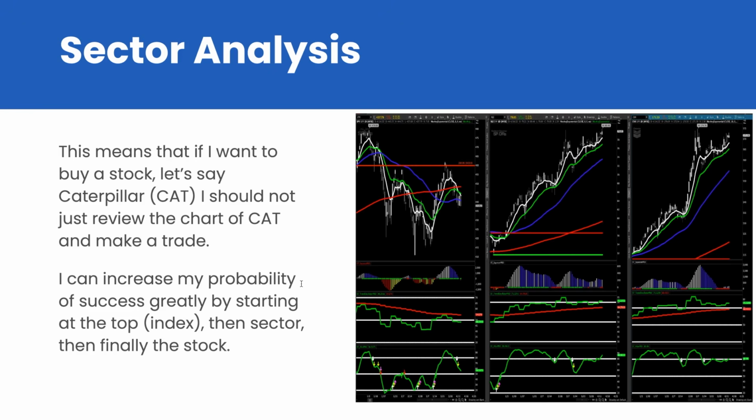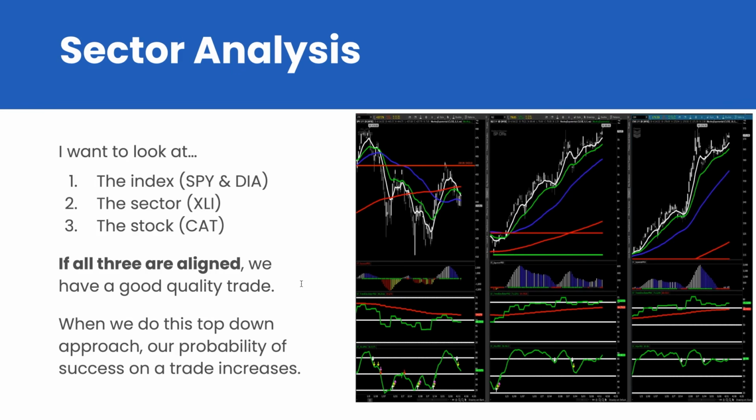So I can increase my probability of success greatly by starting at the top with the index, so something like the S&P 500, then the sector, in this case it would be industrials, and then finally the stock. Once I've confirmed that the S&P is in decent standing, then I've confirmed that the industrials, the XLI, is also in decent standing, then I can take action on the setup that I see in Caterpillar.